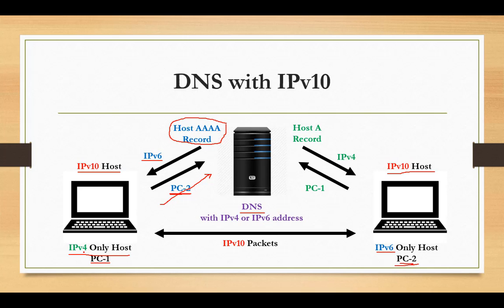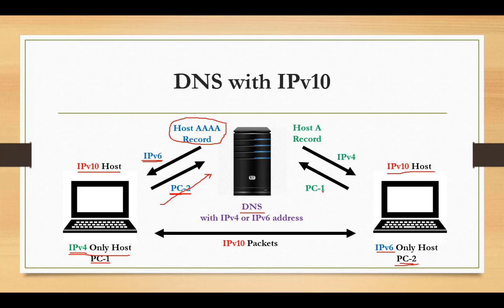Now PC1 knows the IPv6 address of PC2, so it will encapsulate the layer 3 packet header using source IPv4 address and destination IPv6 address, and send the packet to the default gateway, and then the router will use its IPv6 routing table and route the packet through the IPv6 network.